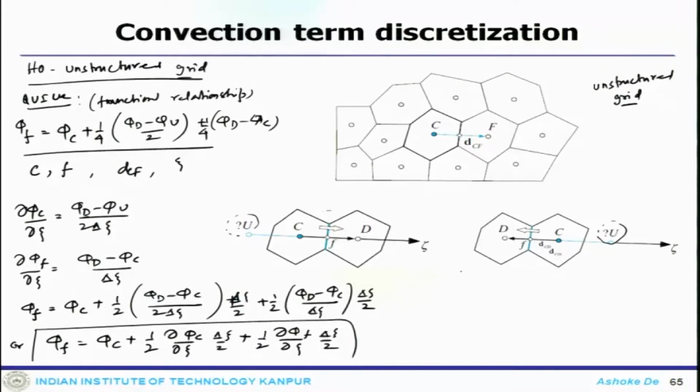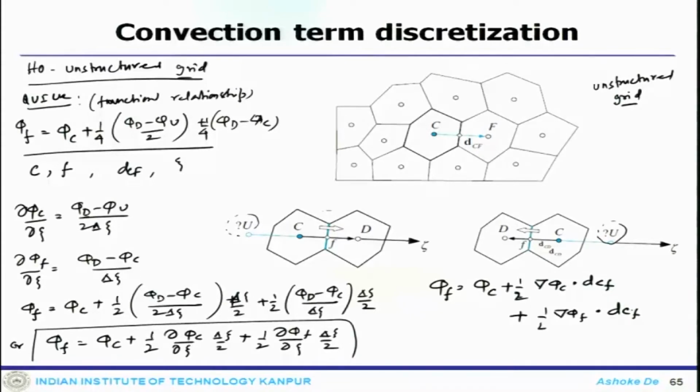So, you can write phi f equals phi c plus half of delta phi c dot dCF plus half of delta phi f dot dCF, which is quite suitable in the context of unstructured grids.